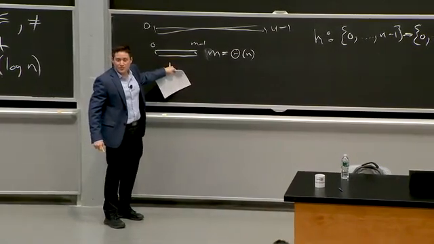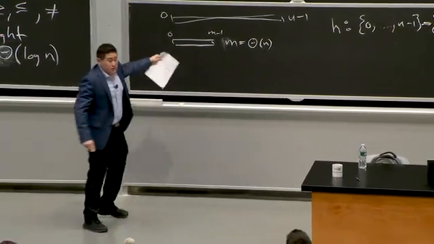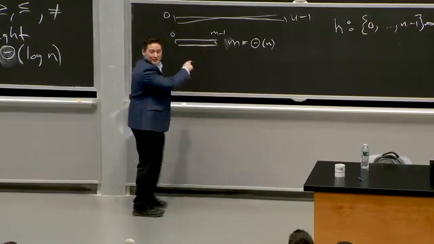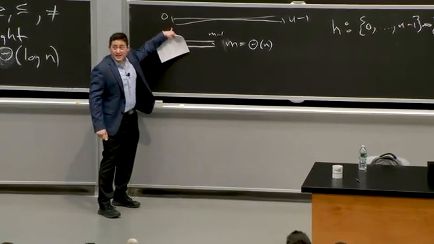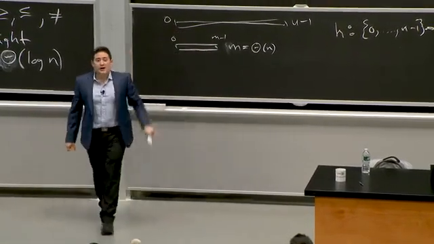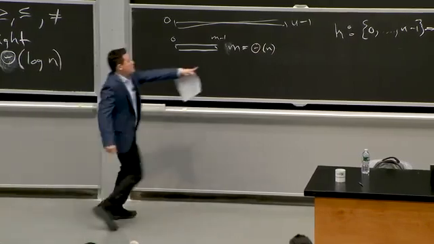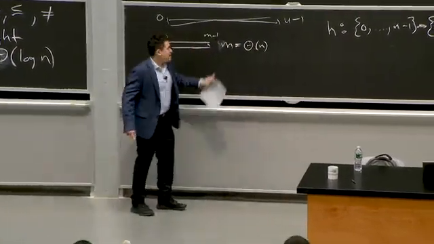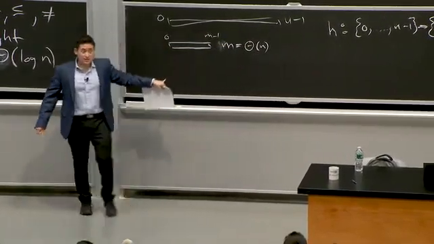It can't be injective. Just based on the pigeonhole principle, I have more of these things, so at least 2 of them have to go to the same place. In fact, if u is bigger than n squared, for example, for any function I give you that maps this large space down to the small space, n of these things will map to the same place.